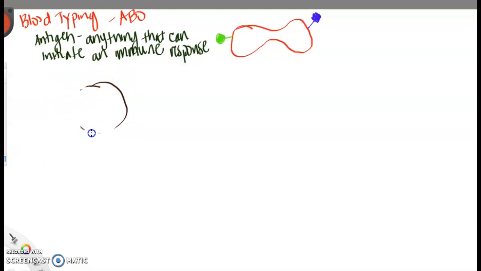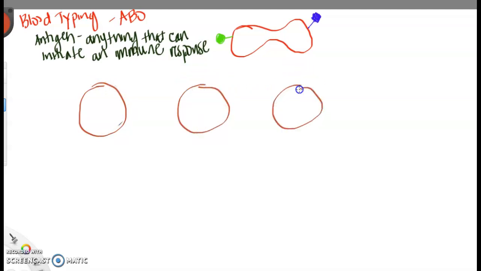Let me make this little cell red since we're talking about red blood cells here. Okay, so I'm going to draw 4 blood cells. And our blood cells have these antigens on them.